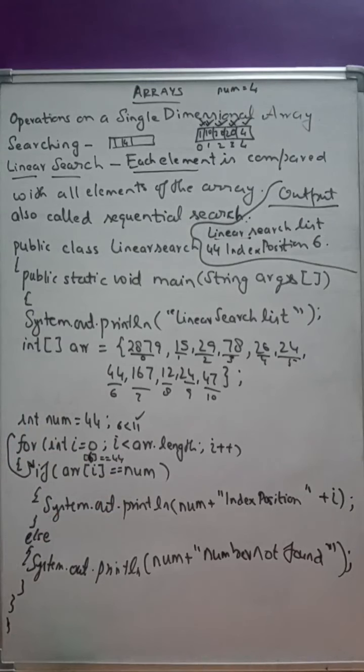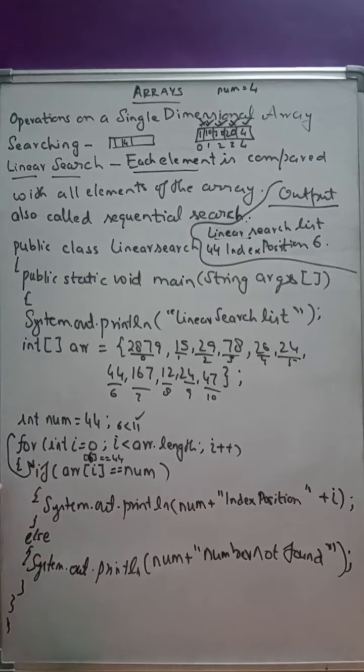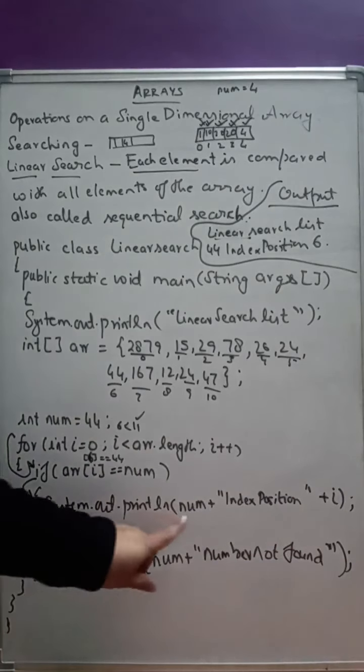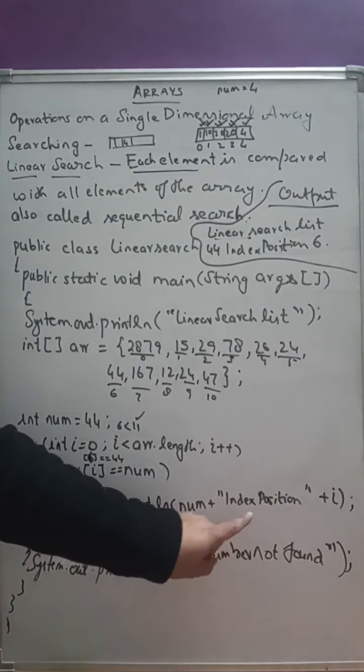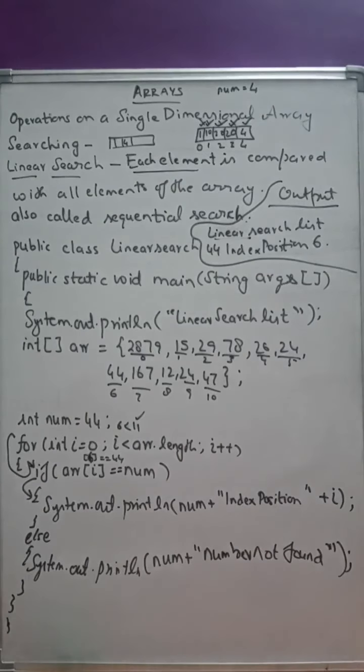If the values are equal, the condition in the if is now true, and the statement written under the if condition will be executed, printing num plus index position plus I. That means 44 index position, and the value of I is 6.